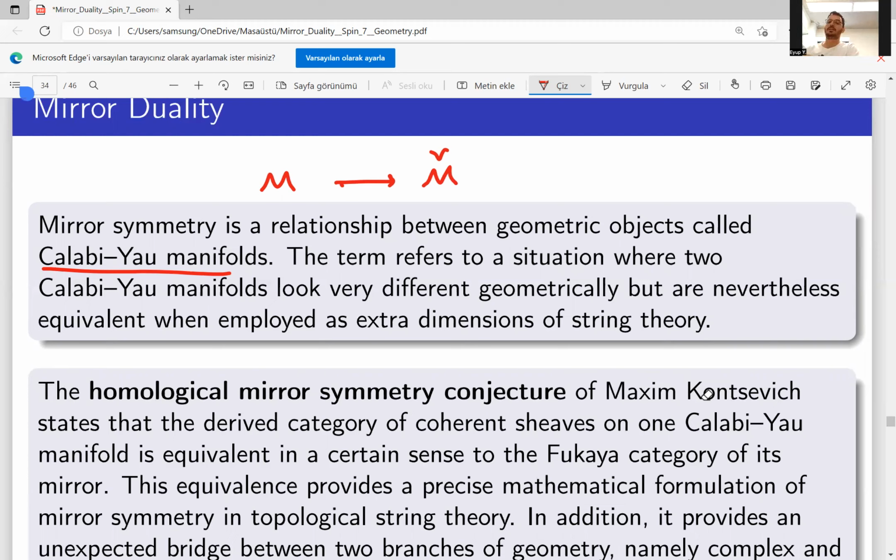For this theory, we can calculate some physical information from one space to another space, but finding mirror duals is extremely hard, and only special cases are known. Theoretically, it exists, but calculating is a little bit hard.